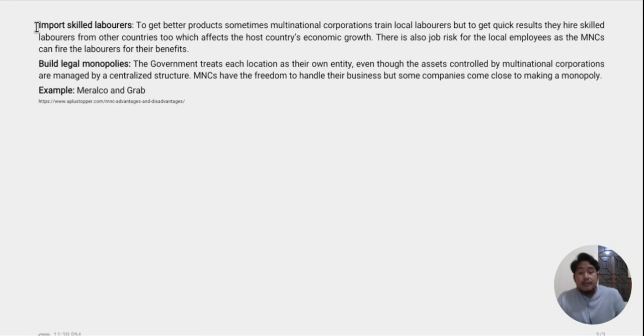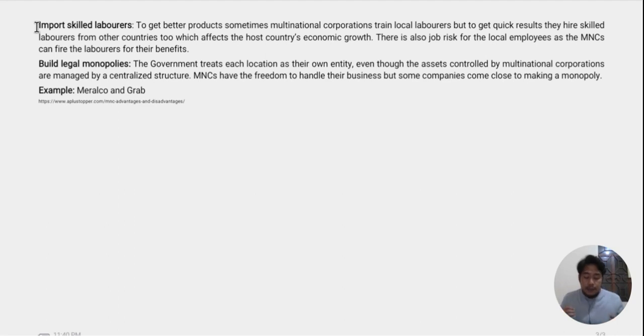Now, as the government treats each location as their own entity, even though the assets are controlled by multinational corporations, MNCs still have the freedom to handle their businesses their own way.